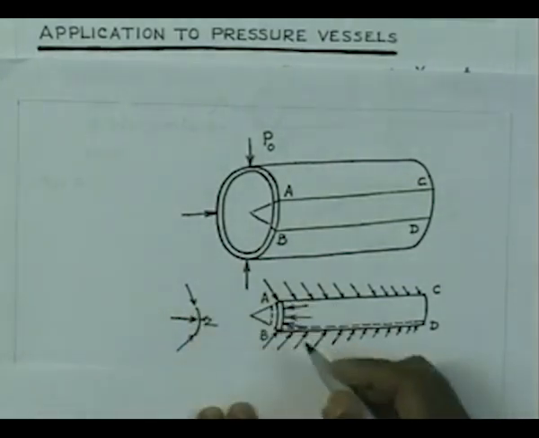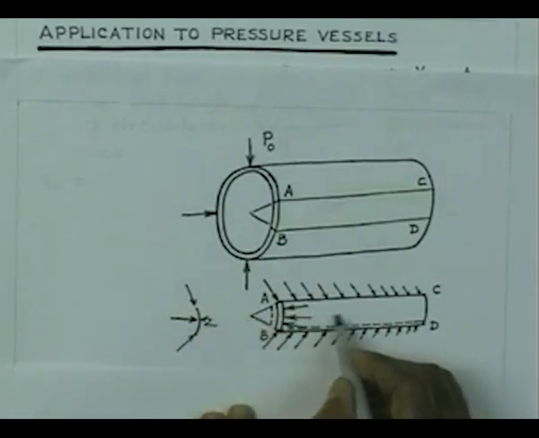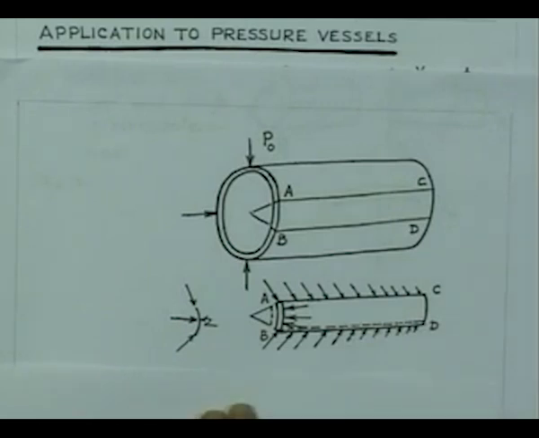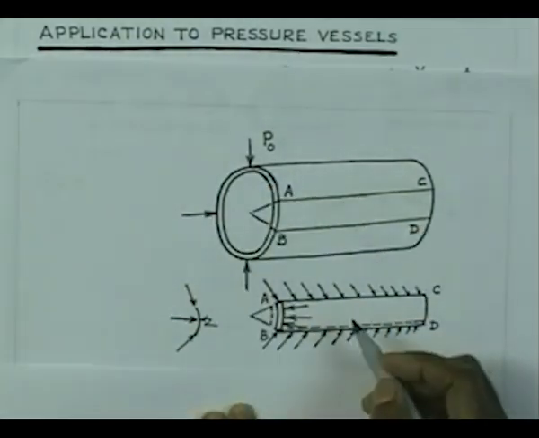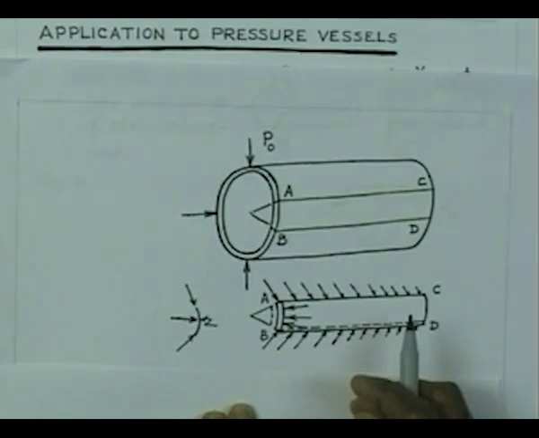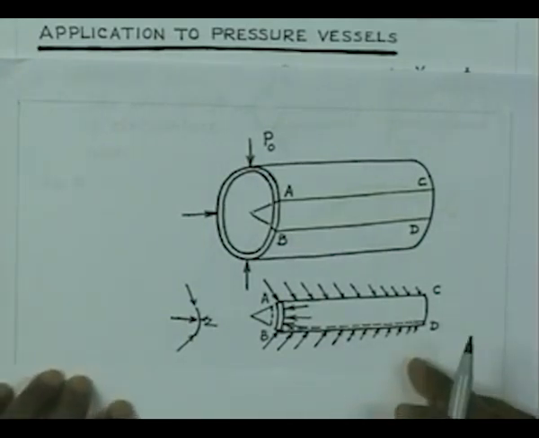So, therefore, you can now think of it that this sort of forces are going to develop all along the length, and hence you have a case like a beam on elastic foundation. So, this deformation of this small element under the action of forces like this can be analyzed by considering a sector of the shell like a beam on elastic foundation, and therefore, we will have the basis to find out the constants.